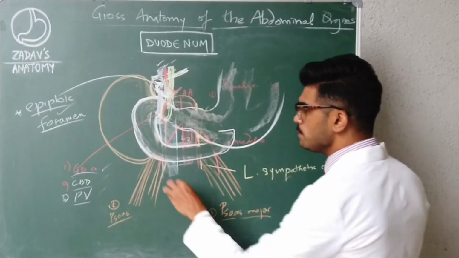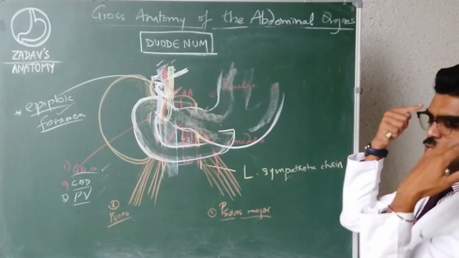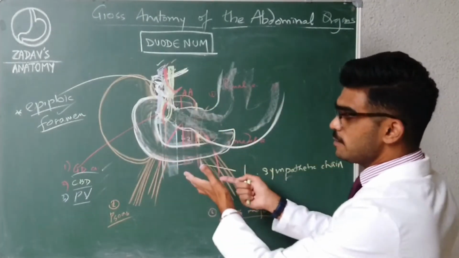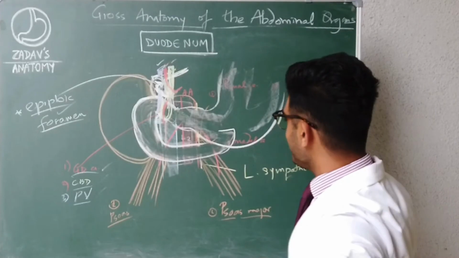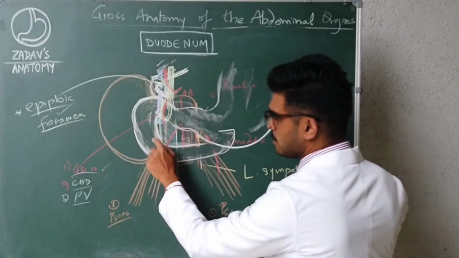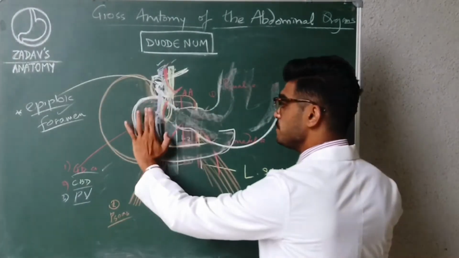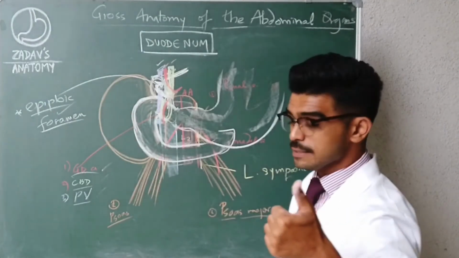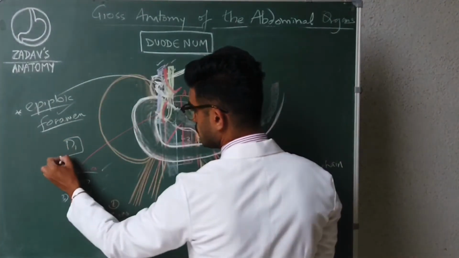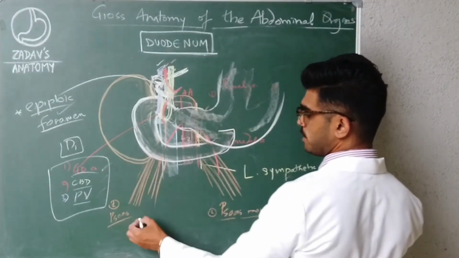Let's talk about the posterior relations of the second part now. Again, you already have constructed the posterior abdominal wall in front of your eyes. Use your imagination. I know this has gotten really nasty now, but I'm sure you're still understanding what I'm saying. Firstly, the medial border and anterior surface of the right kidney. So this was D1, now we're going to talk about D2.